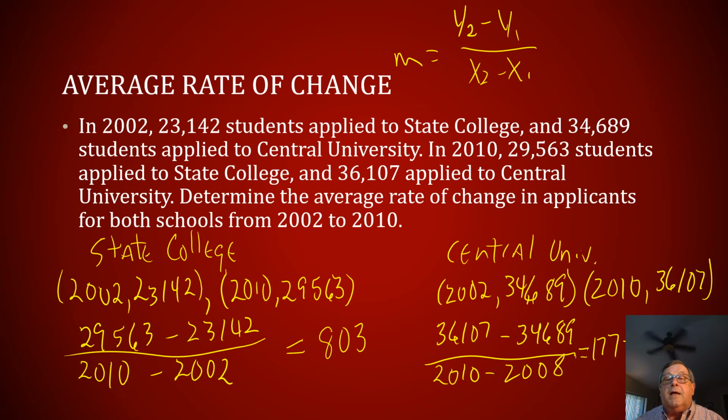Now, there's a lot of observations you might make about that. One is I can see that State College is growing, as far as the growth of applicants, considerably more than Central University is. Central University has more applicants in total, but their number of applications are growing at a lower rate than State College.